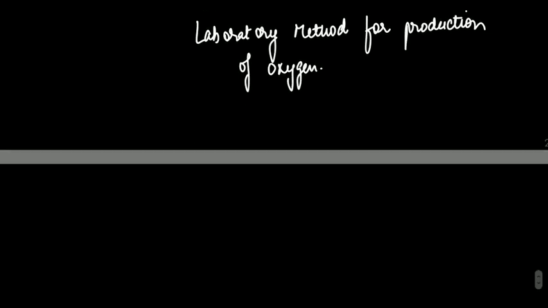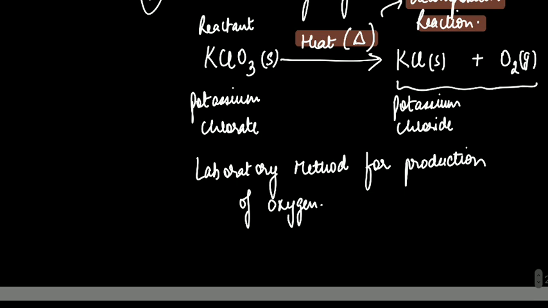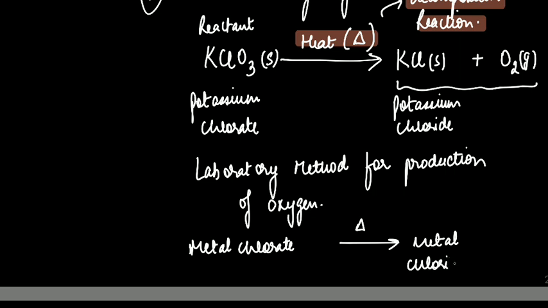So we can always write this equation in word form: if we have a metal chlorate and we are heating it, we will get metal chloride and oxygen gas.